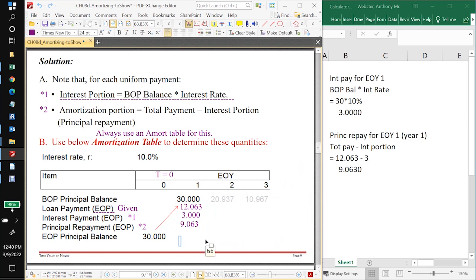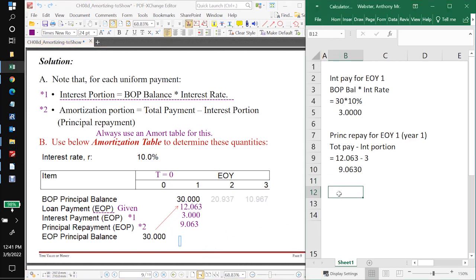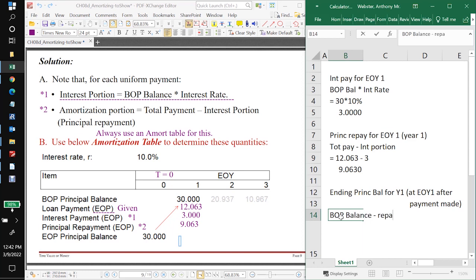And now we can get our ending principal balance. The ending principal balance is always going to be equal to the beginning principal balance minus the amount that we've repaid. So let's compute that down here. So this is going to be happening at end of year 1 after, of course, the payment has been made for year 1. So that's going to be equal to the BOP balance minus repayment amount.